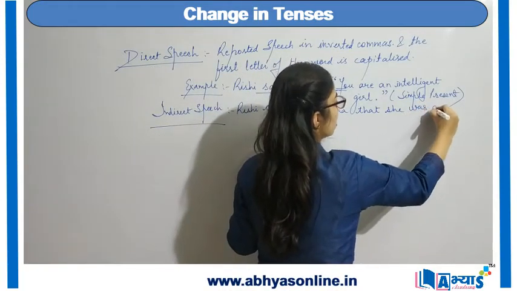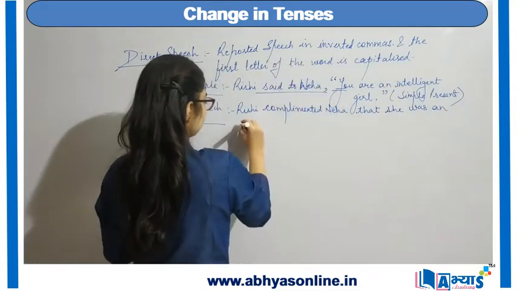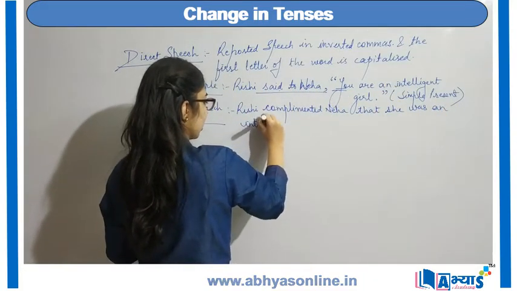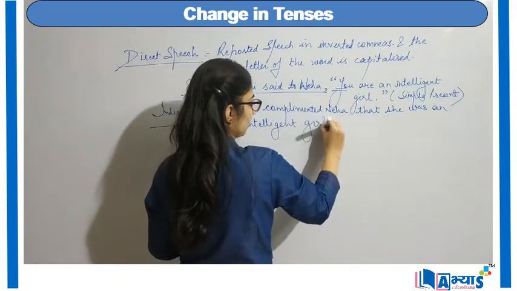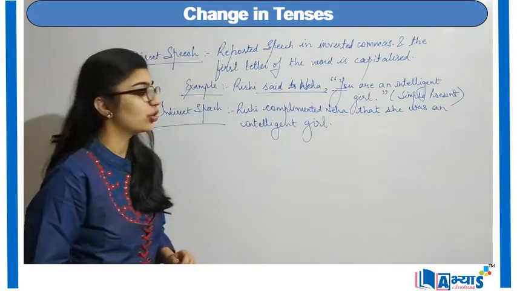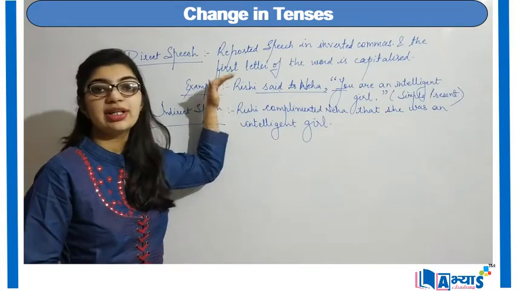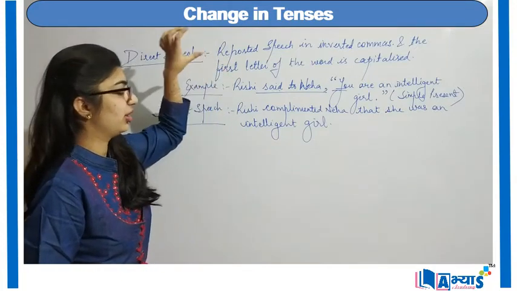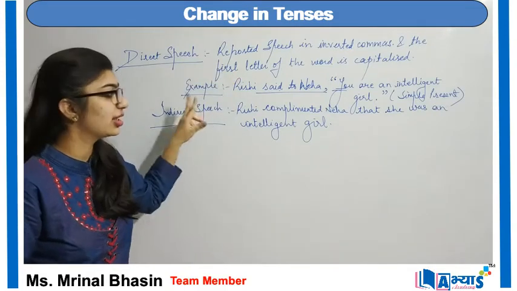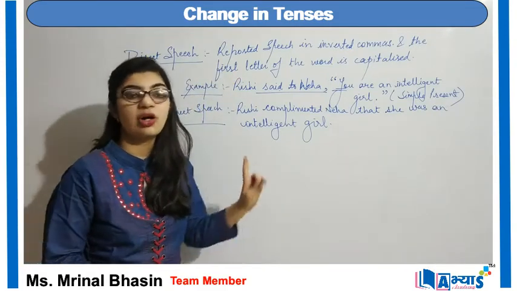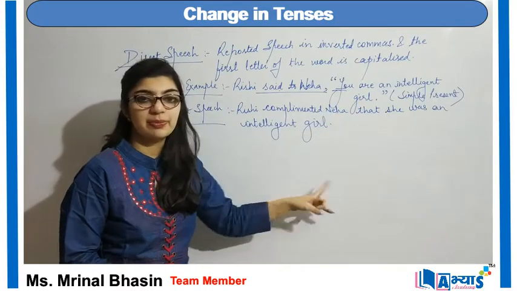She was an intelligent girl. So this way we convert a simple direct sentence into indirect sentence. This was the example of conversion of simple present tense to simple past.